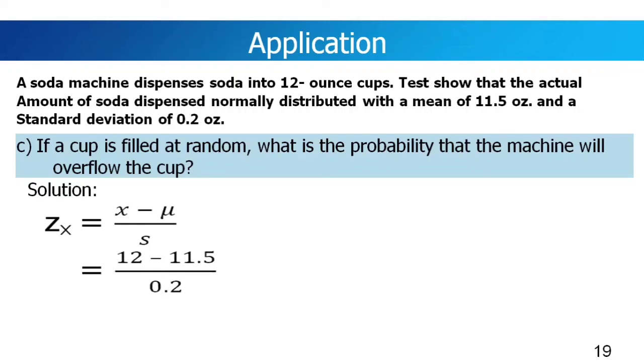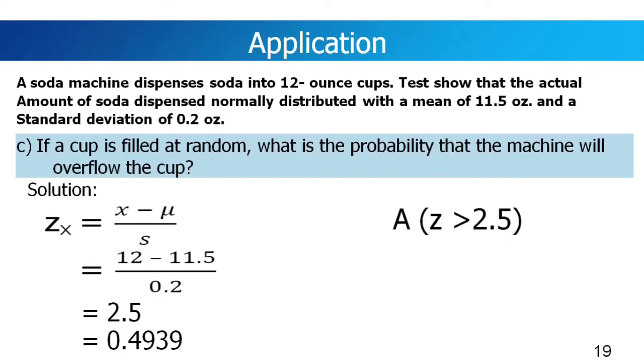So that would be 12 minus 11.5 all over 0.2, and the value of our Z is equal to 2.5. Using the table, the area under Z is equal to 2.5 is 0.4939. But then we're going to find the area where Z is greater than or equal to 2.5, meaning to the right of 2.5.